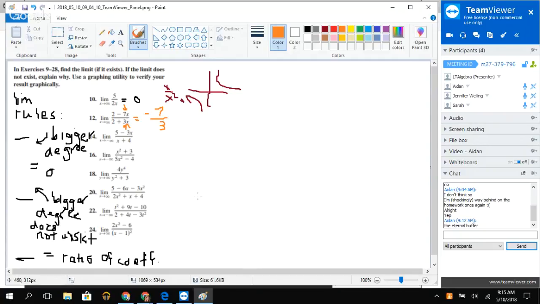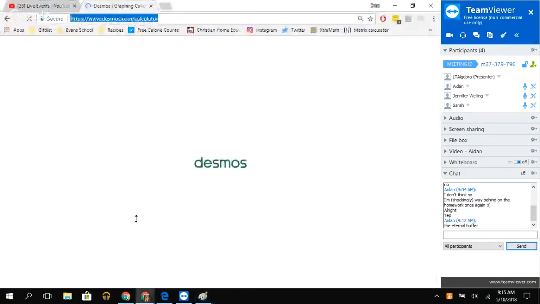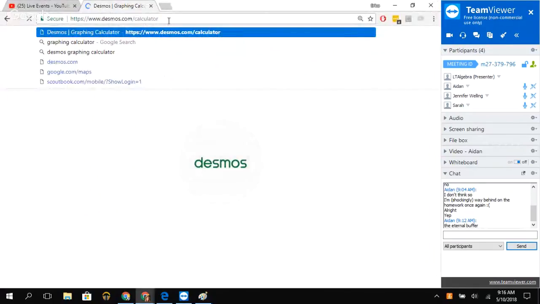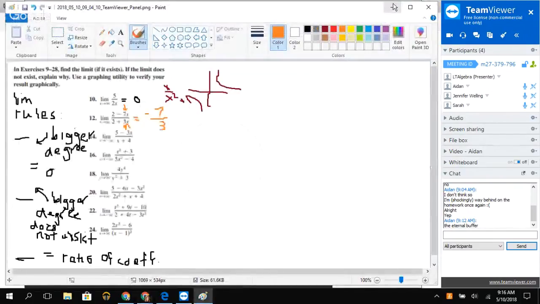So if you graph it, let's see, we'll give Desmos one more chance. Nope. Still doesn't want to do it. Okay. So if you graph number 12, you go old school and you guys can graph on your own, right?